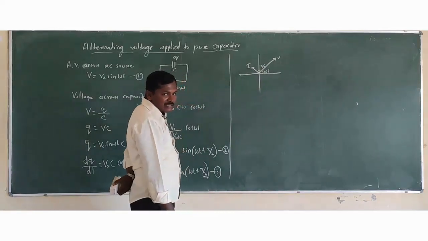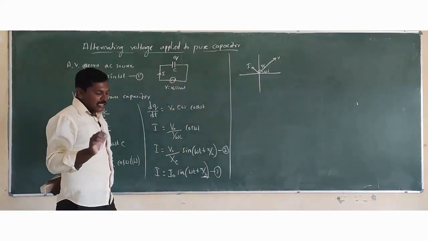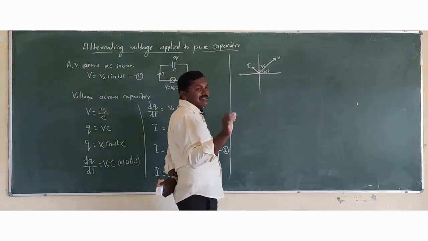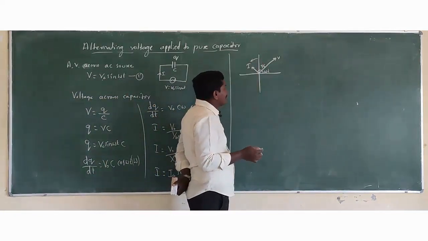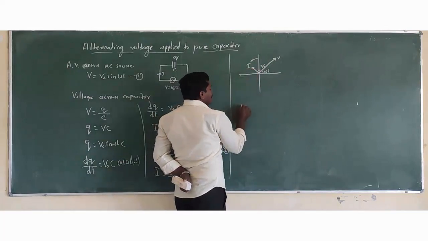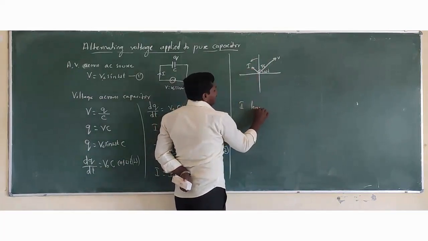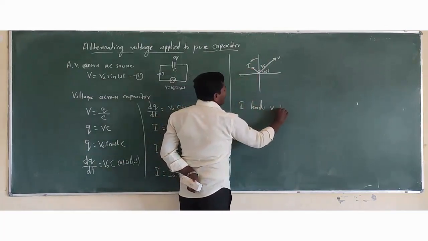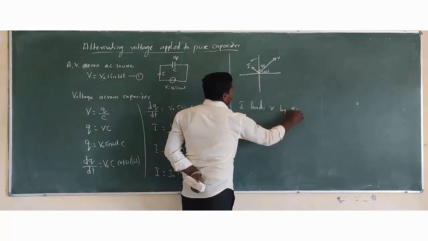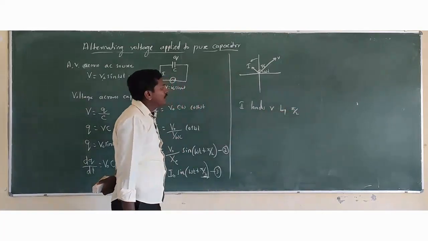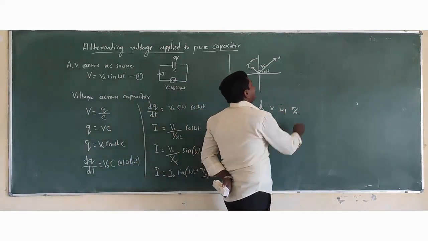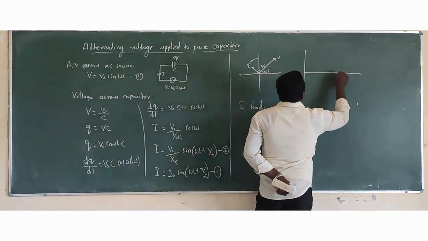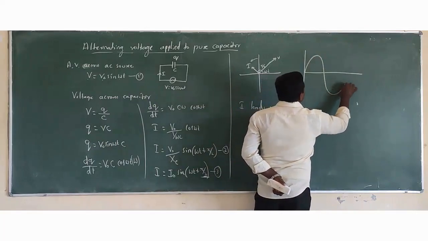Already we discussed that a phasor is a vector rotating in the anti-clockwise direction. Therefore we observe that current leads voltage by pi by 2. Current leads the voltage by pi by 2. Therefore we are going to observe the waveform for current and voltage like this.